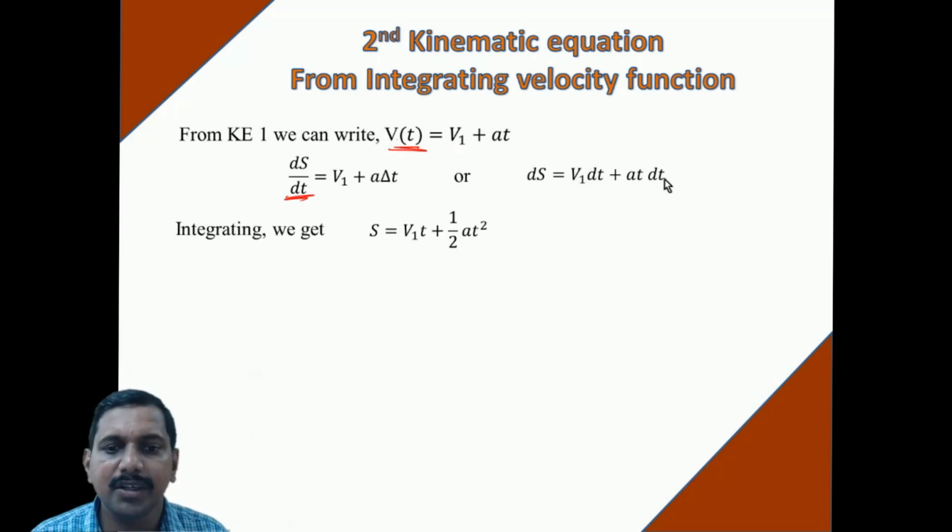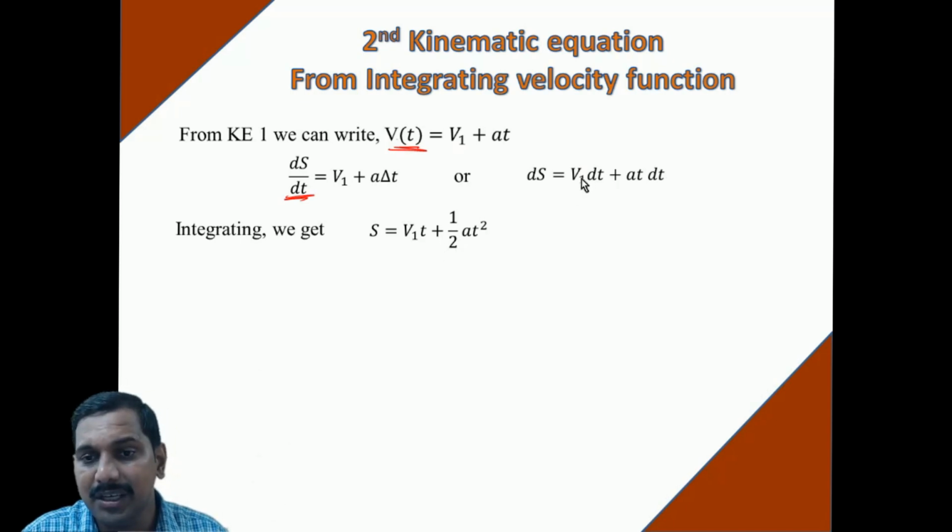Again integrating, we get s is equal to v1 t, because v1 is a constant, since initial velocity is a constant, and the integration of dt is t, and ds integration is s, plus here at dt. A is a constant, so what is remaining? t dt you have to integrate. It becomes half into t square. So this becomes s is equal to v1t plus half at square, right?